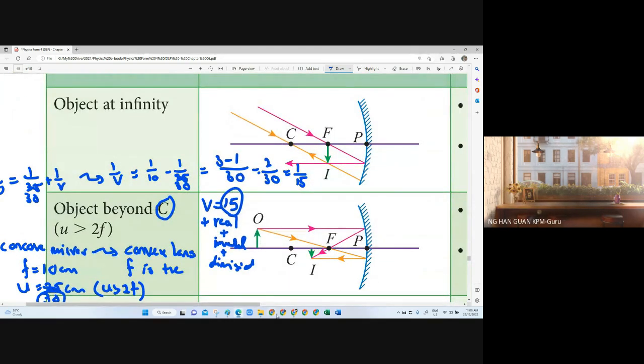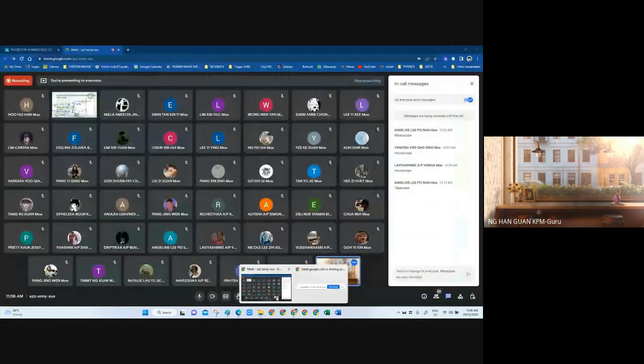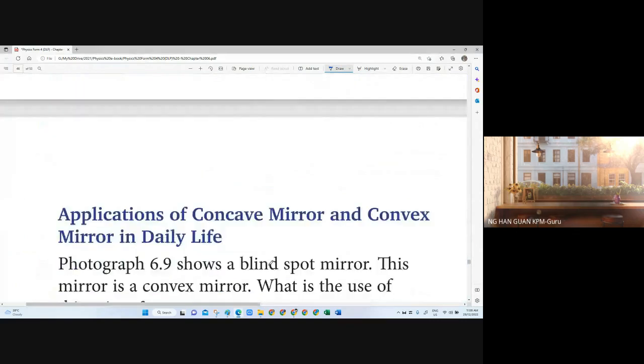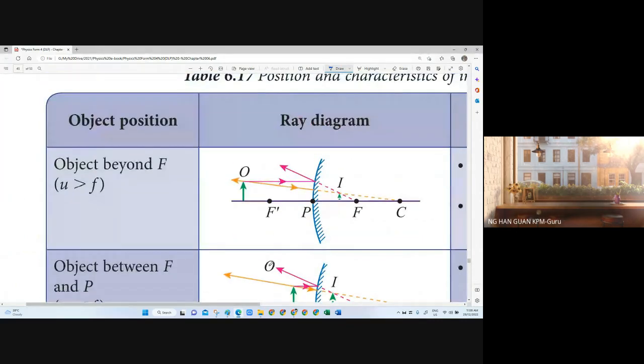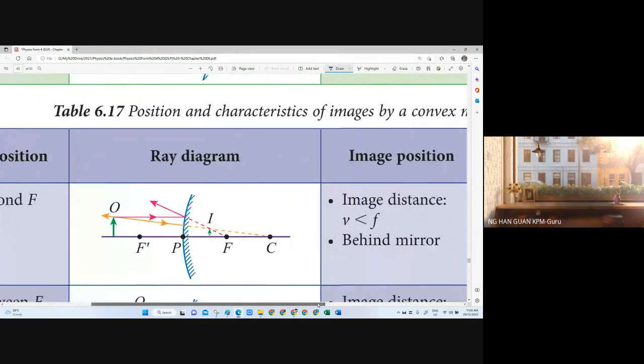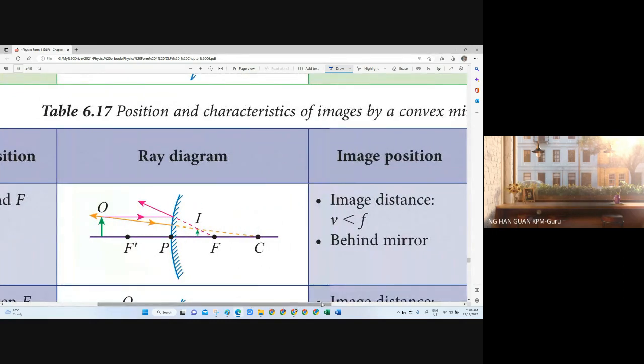This is based on the calculations. So you can apply the same for the concave mirror. Sorry, the convex mirror will act like a concave lens.